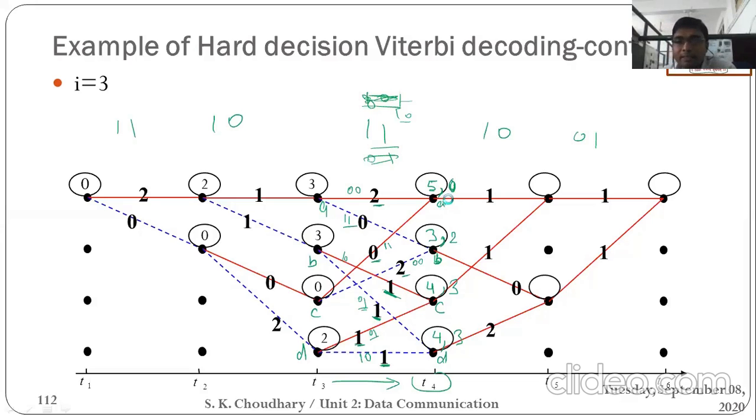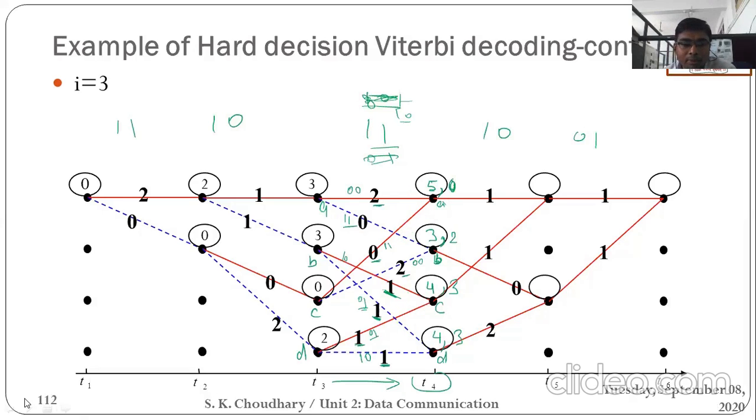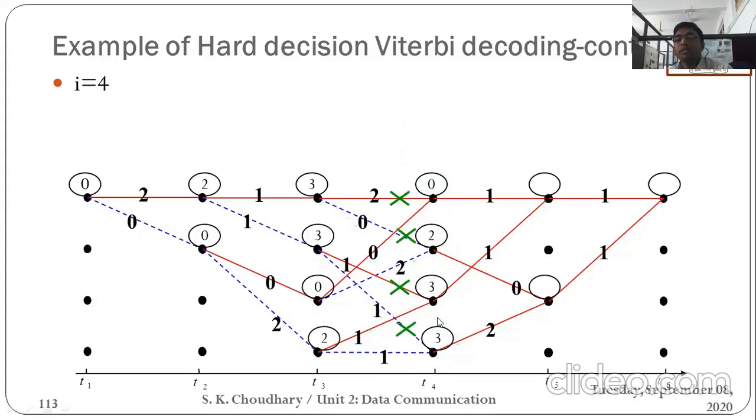So 5 would be discarded, 3 would be discarded, 4 would be discarded, and this 4 too. So 0, 2, 3, 3. At time T4, the lowest metrics for the states are 0, 2, 3, 3. So this would be the survivor.